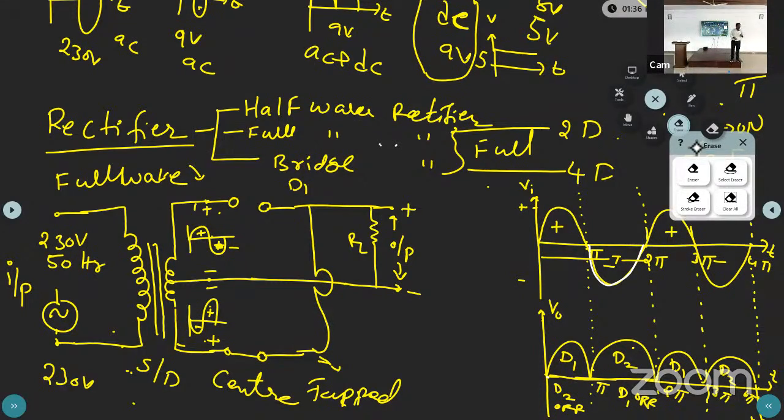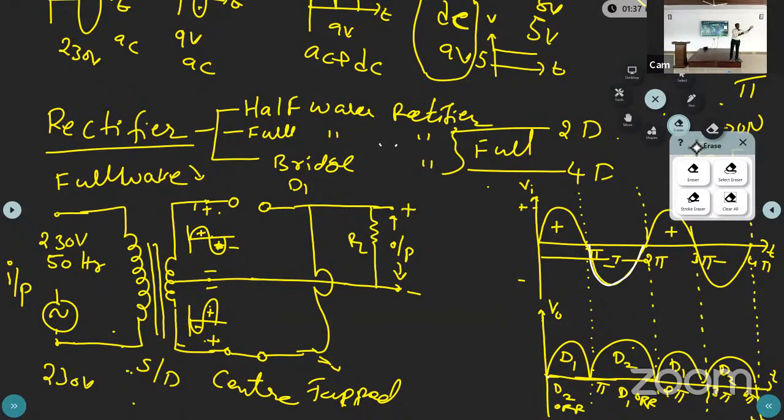The efficiency is the ratio of output to input. To calculate the rectifier efficiency, it is defined as the ratio of output power to input power. What is power? Power is the product of voltage and current, P is equal to V into I. That is, how much voltage we are applying and how much voltage we are getting at the output side.